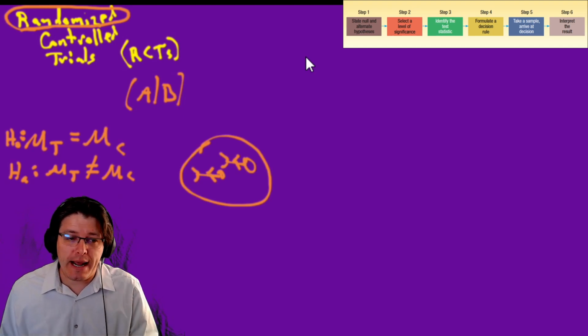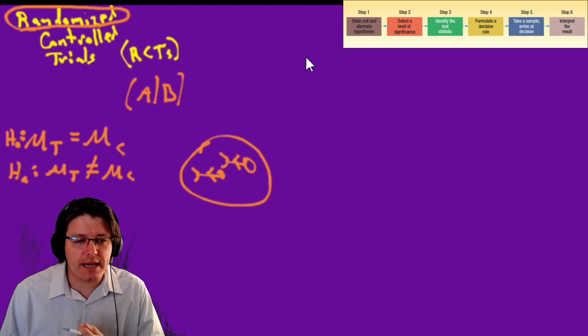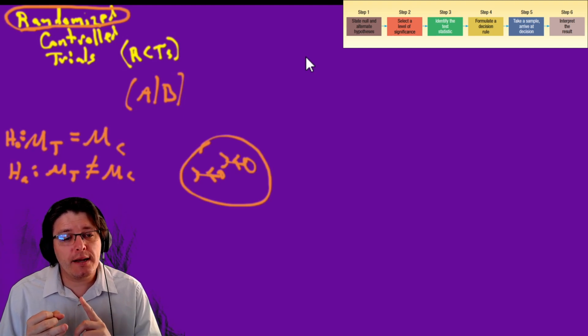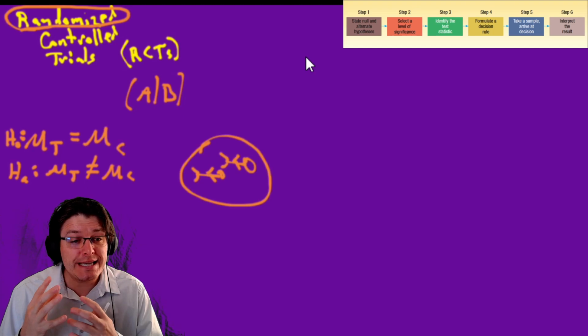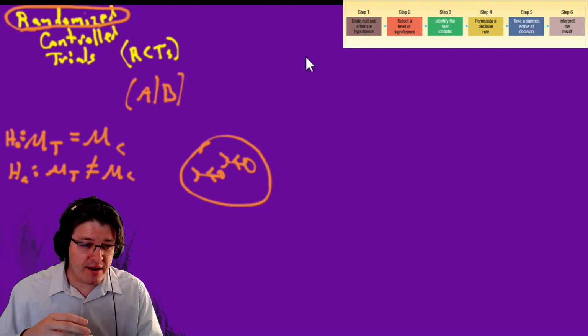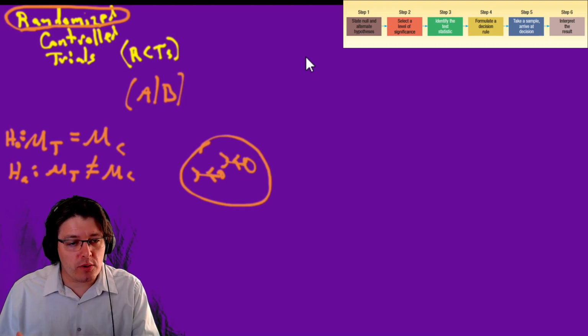Typically, especially in medical scenarios, we're going to give the new treatment to some of the patients, and for the other patients, we're going to give the typical treatment. It's not that we don't give them anything. We don't say, okay, good luck. We give them what's typically done, the standard course of practice.